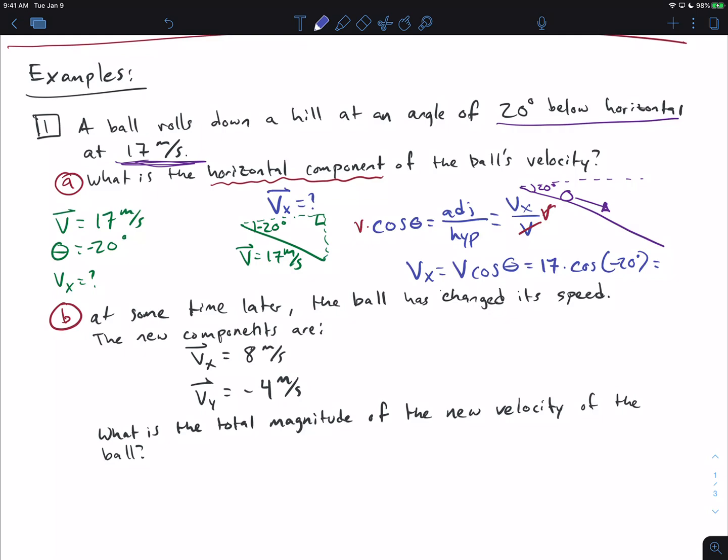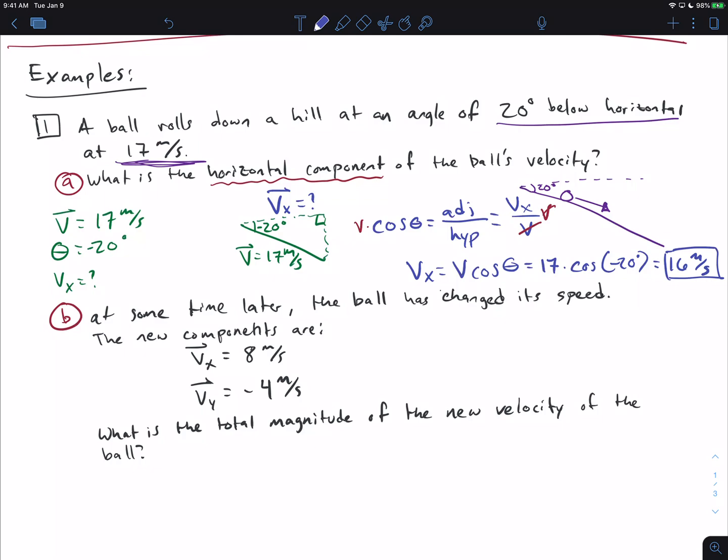I have cosine of negative 20 degrees. This gives me about 16 meters per second. Okay? So, all right.